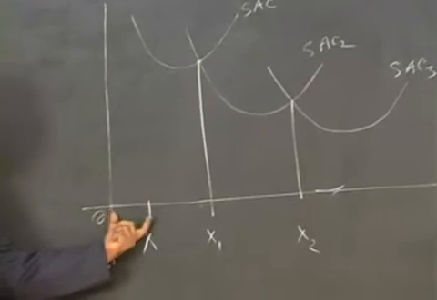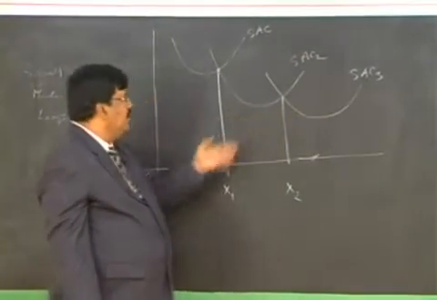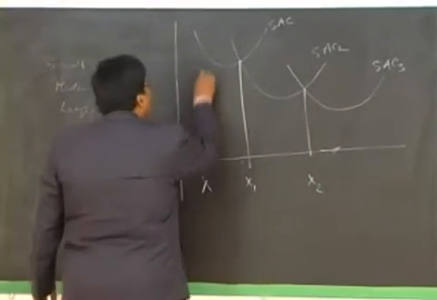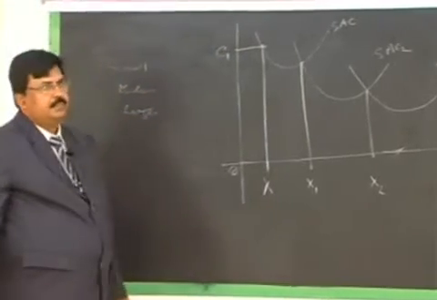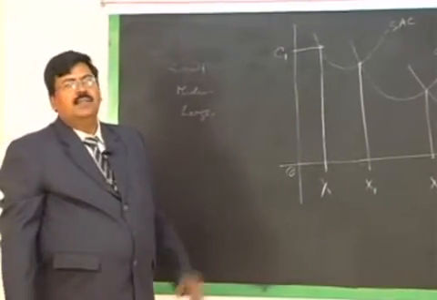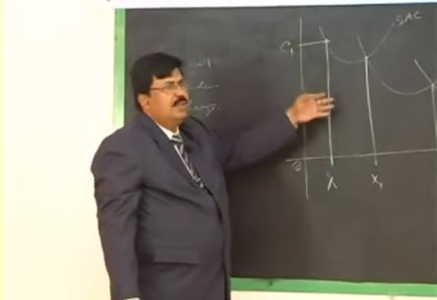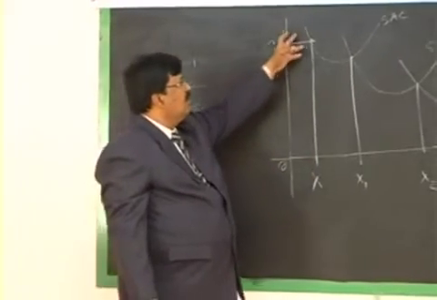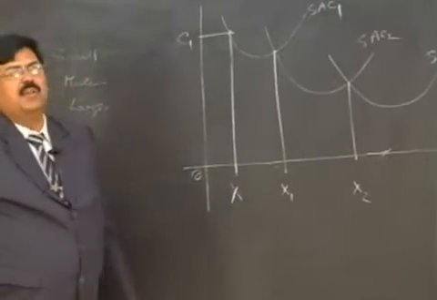He wants to produce only OX units. Then he cannot employ a very large machine or medium machine. He will employ a smaller one, and per unit cost is OC1. If the desired rate of output is OX, he will buy the smaller machine, and per unit cost is given by SAC1, and OC1 is cost per unit.